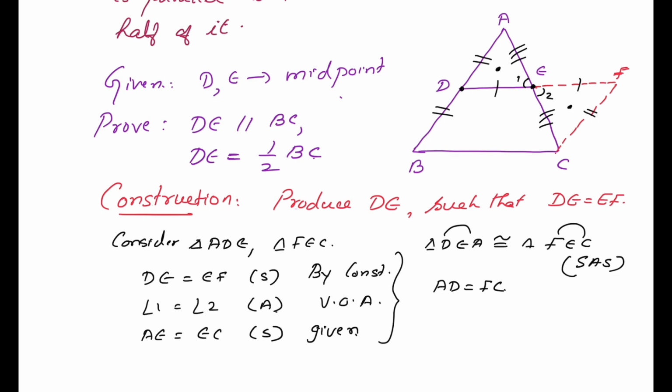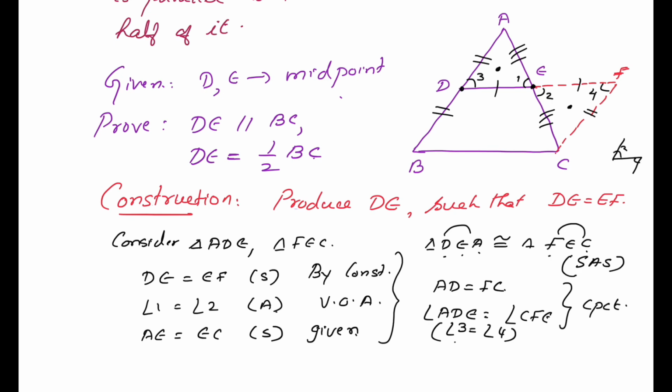And then angle ADE and angle CFE. Let us check in the diagram where ADE is. It is here. We will put this as 3 and this as 4. Both are equal by CPCT. Since 3 equal to 4, the figure is like this, 3 and 4.